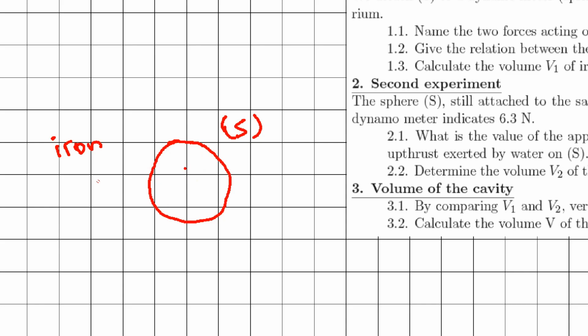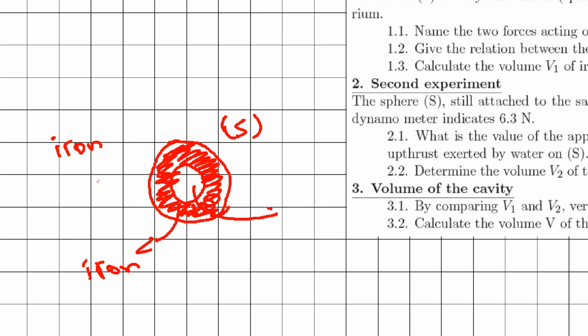However, if it has a cavity, then part of it is made up of iron. Let's suppose that this is the part made up of iron. So the shaded part is completely made up of iron, and the cavity is at the center of the sphere. This is the cavity. And here by cavity, it is meant an empty space inside the sphere.